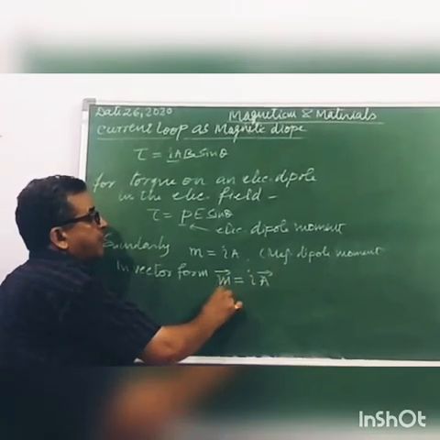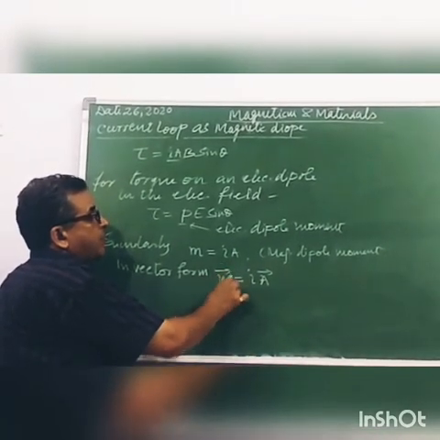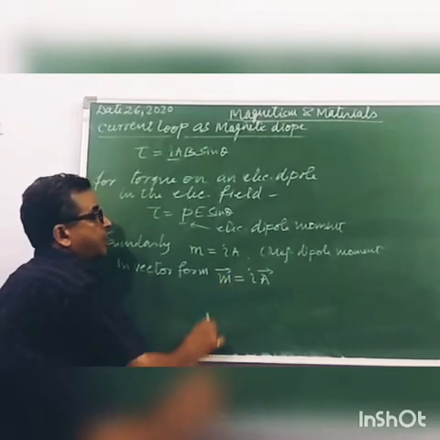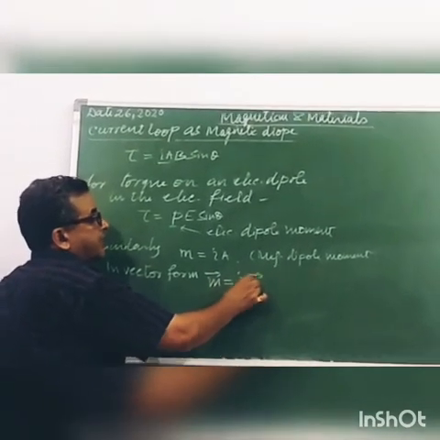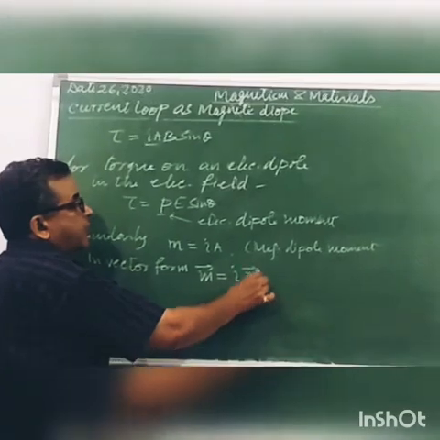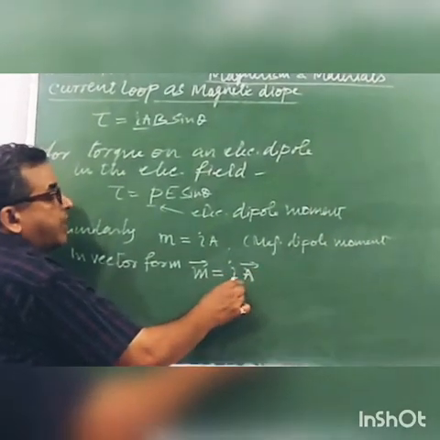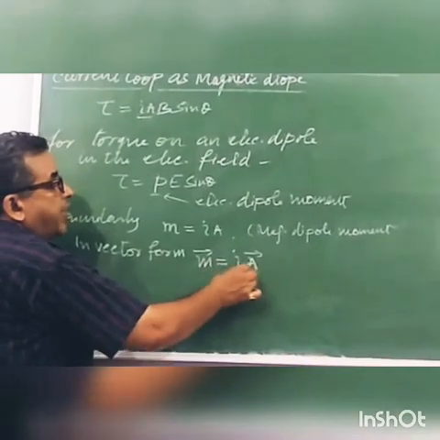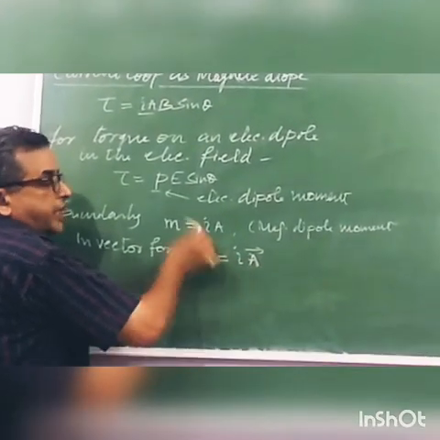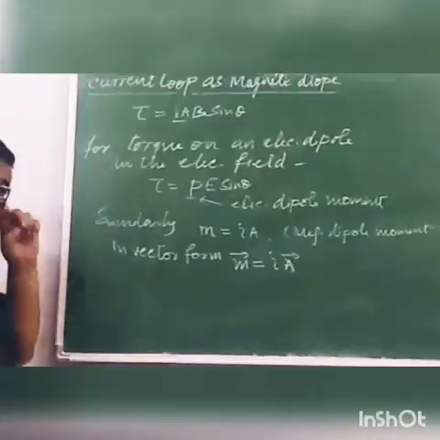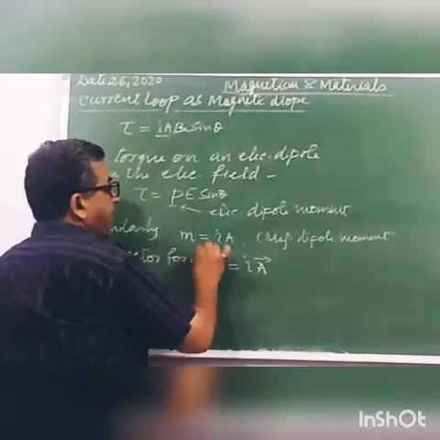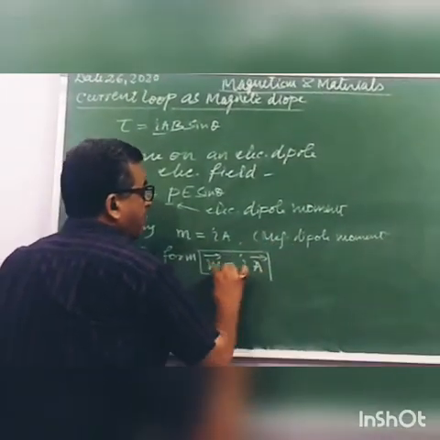So the direction of this magnetic dipole moment of the current loop is similar to the area vector of the loop, which is perpendicular to the plane of the area. So it has the same direction. So this is the magnetic dipole moment.